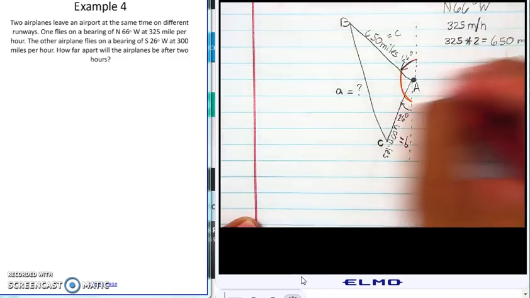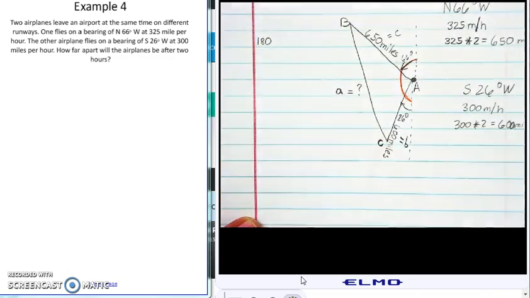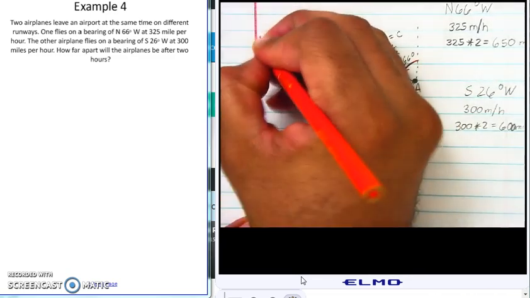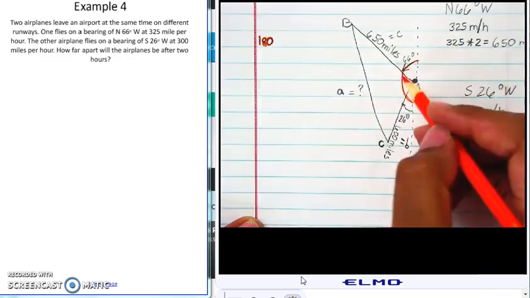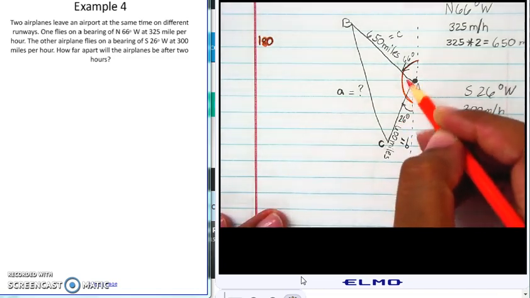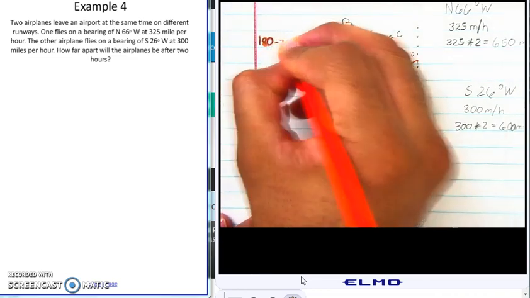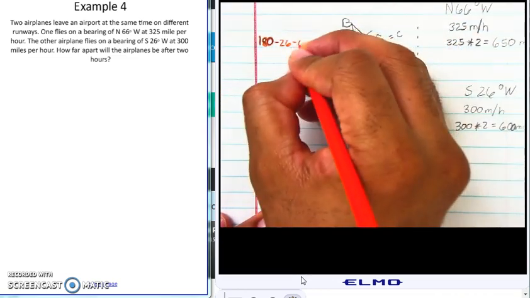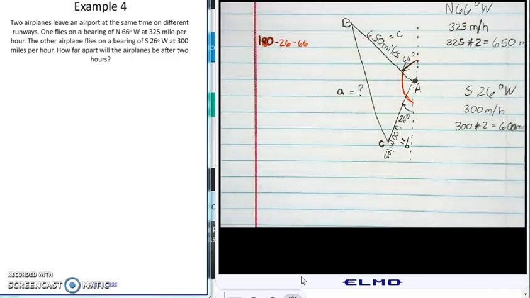So if the whole thing is 180, let's do this in orange. If we subtract the 66 and the 26 from it, that should give us what's left over, right? And again, if you wanted to add those up and then subtract from 180, same thing we did for finding that third angle, you can do that too.